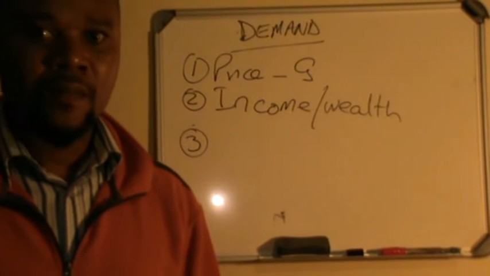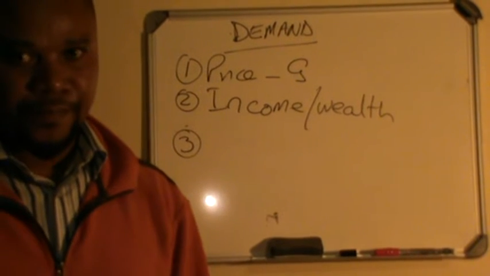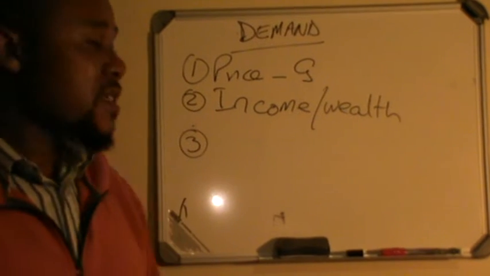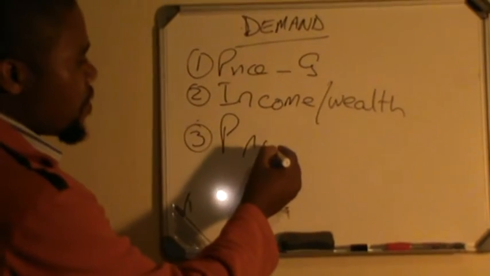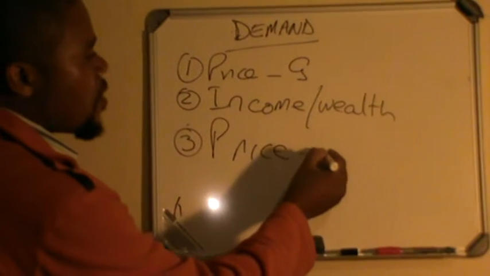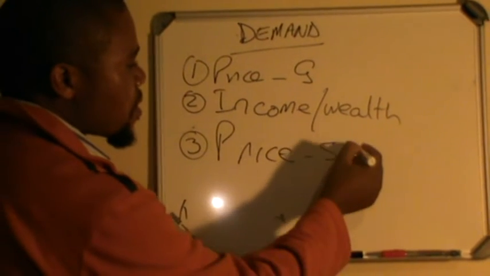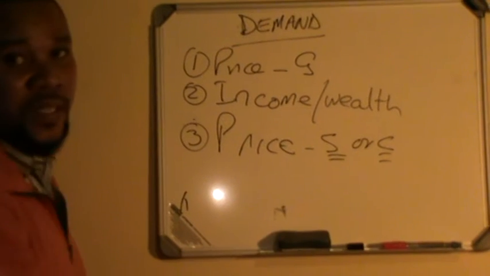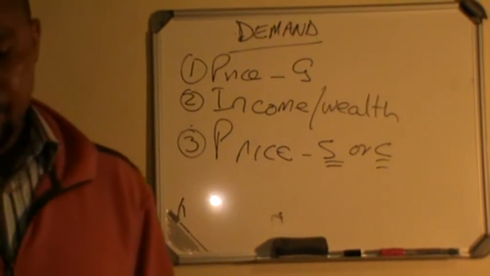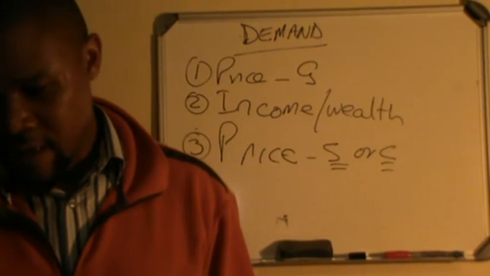You would expect the demand for tea to go down. That is the other factor, the price of other goods, either substitutes or complements. You have to think about these separately, because they have different effects.